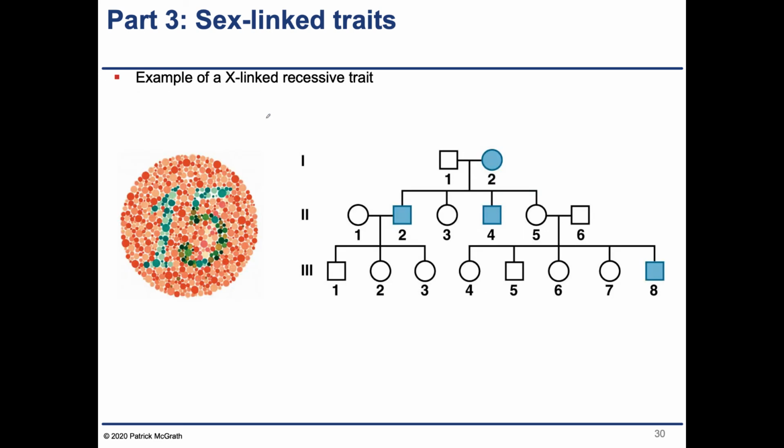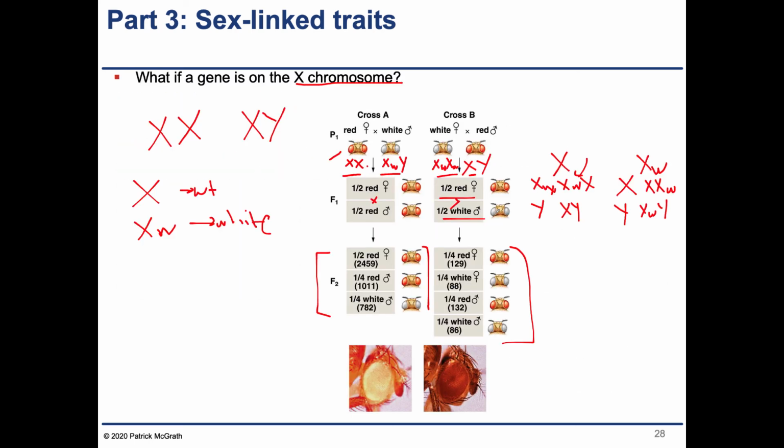And so you'll also have to be able to do this by analyzing pedigrees to distinguish an autosomal trait from a sex-linked trait. Is the trait on one of the autosomes, or is it on one of the X chromosomes? So how do you do that?